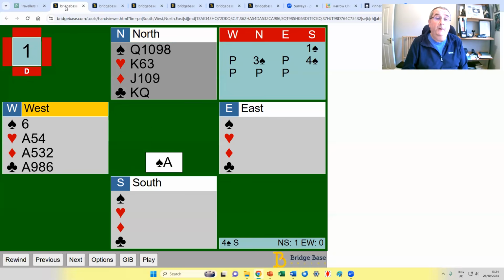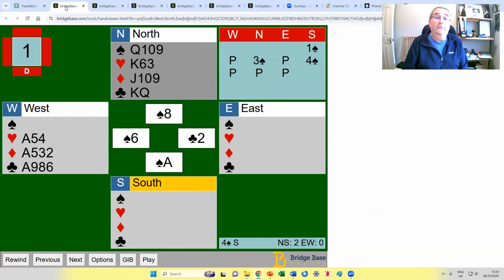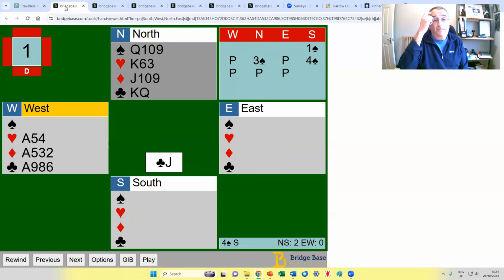Declarer wins the first one, draws another round of trump, and at trick 3 they play the jack of clubs. And this is really a time where you might well think about taking your ace, because you see it's going to capture a high card from declarer.